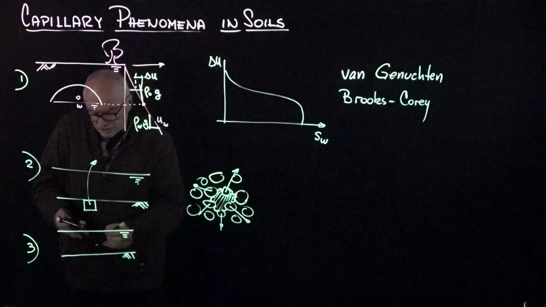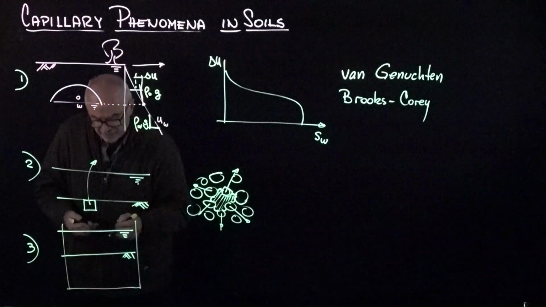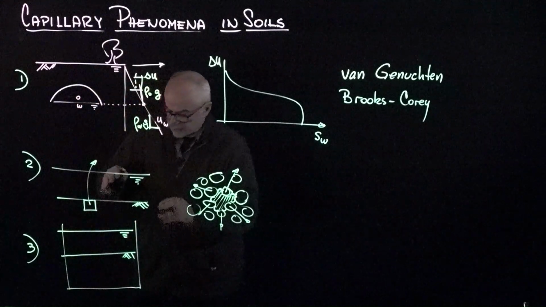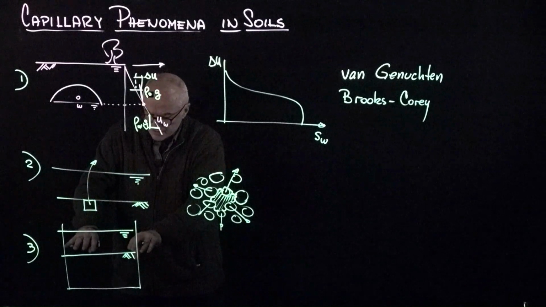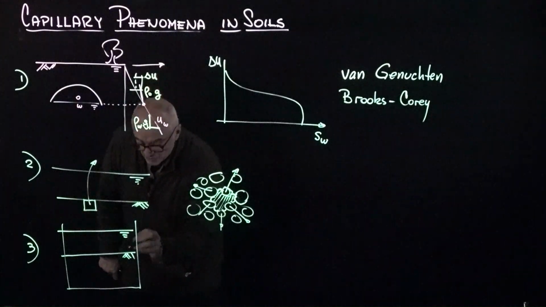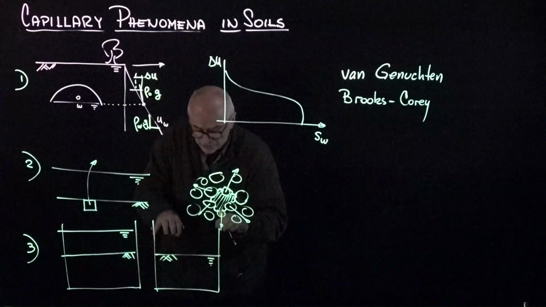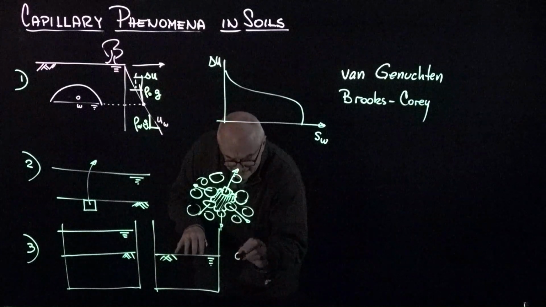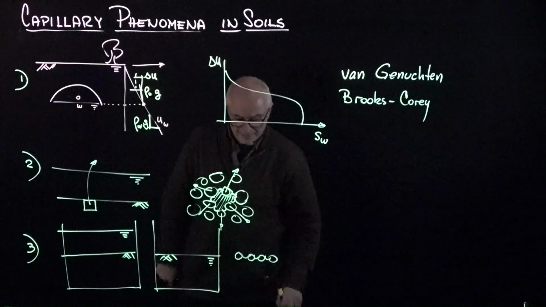If I measure the weight, and this could be a specimen in a container, of course I'm going to see that the weight decreases rapidly until I hit the water surface, and then water is going to continue evaporating. If I zoom in now at this point when the water reaches the surface, then I have the grains and the water meniscus at the surface.